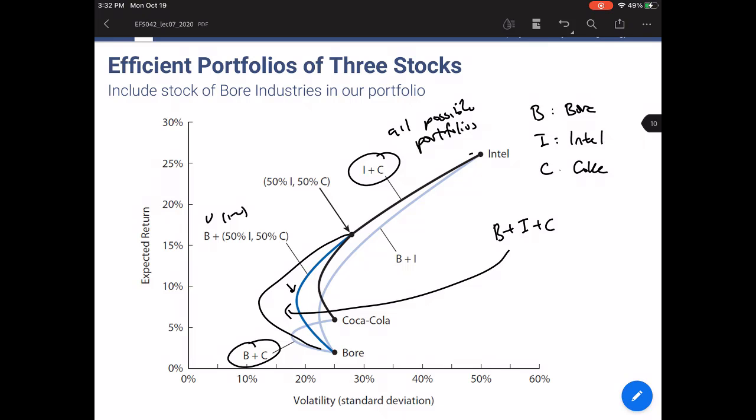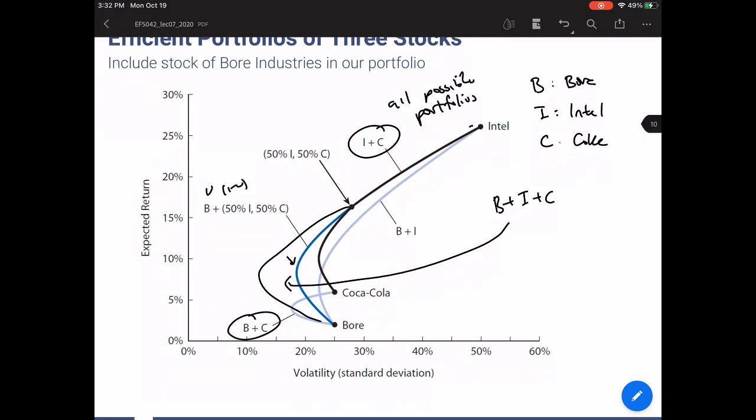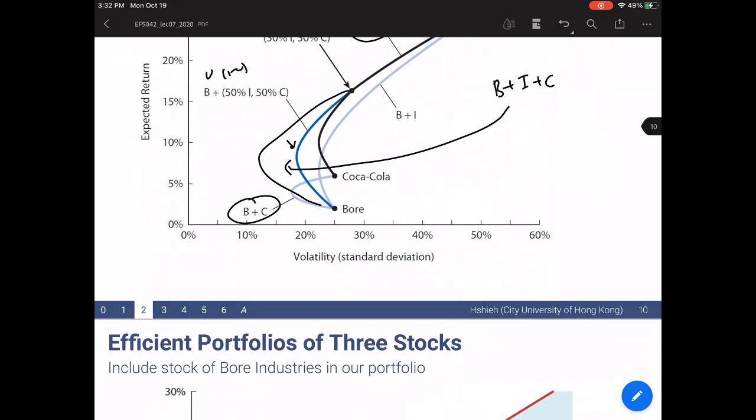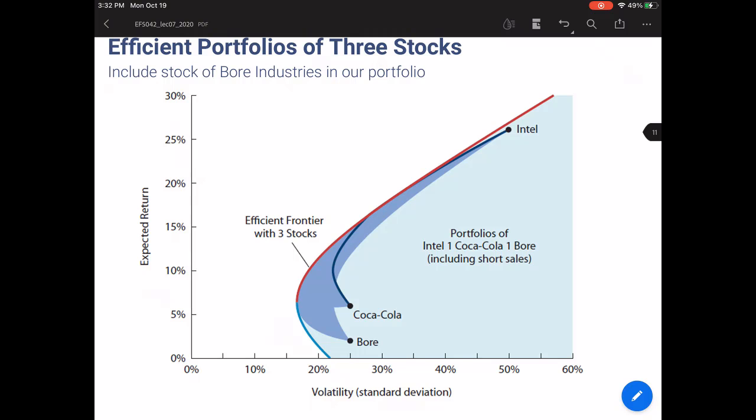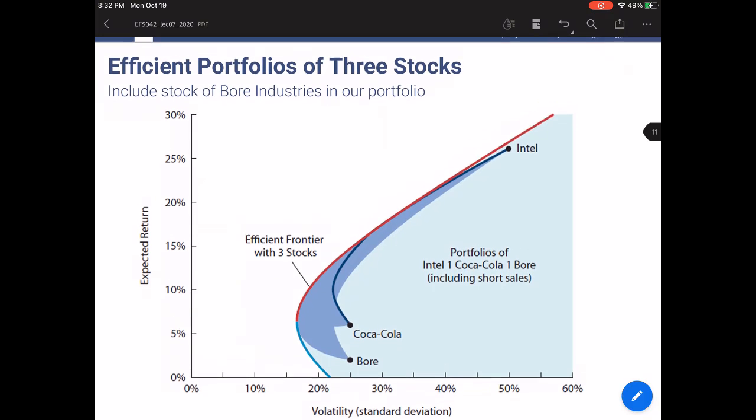Okay. So this is slide 10. All right. So let's move on. So as I already said, we have the efficient frontier of 3 stocks.